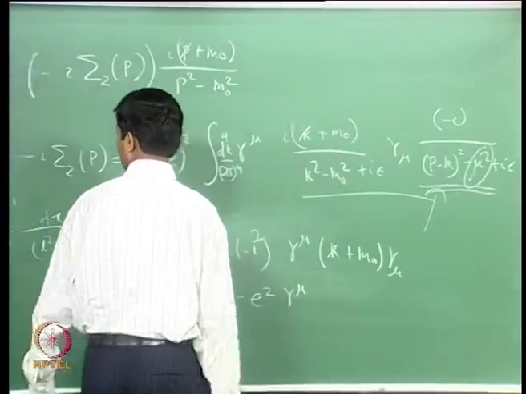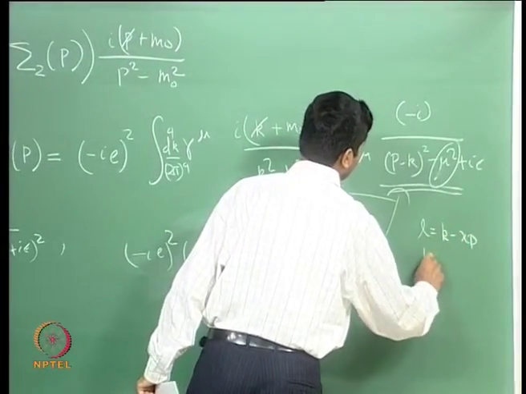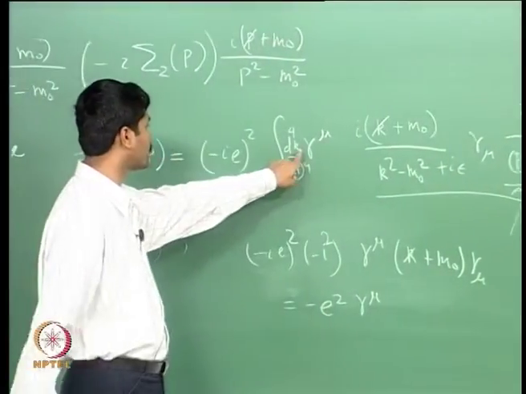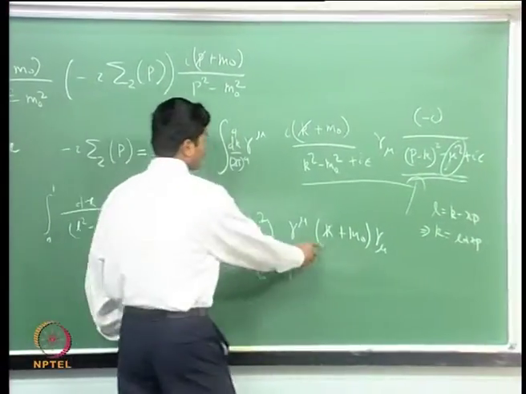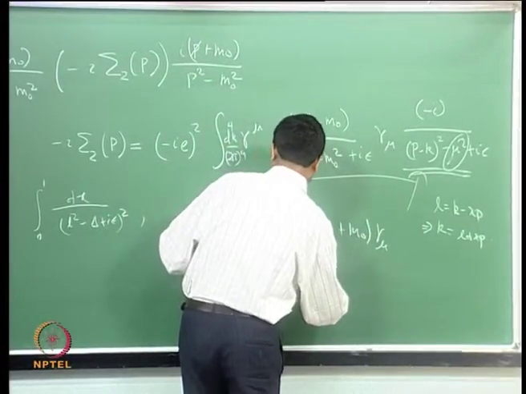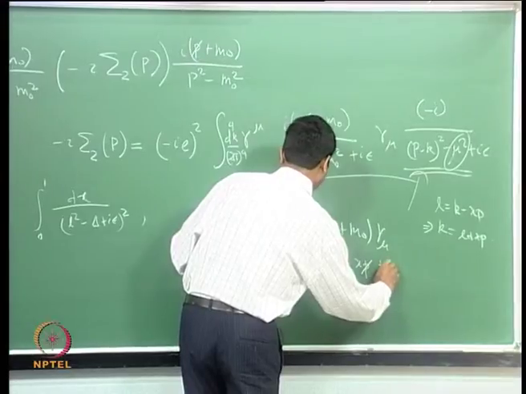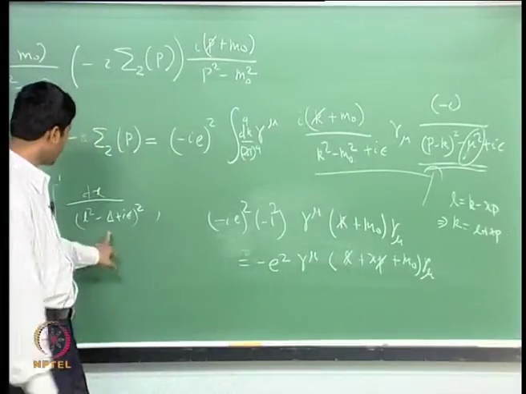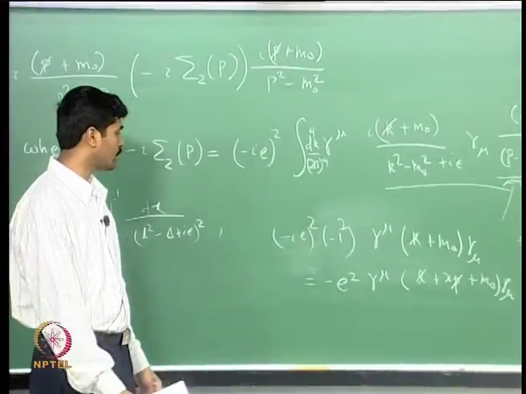We have used the definition L equal to k minus x p, therefore, k equal to L plus x p. Since we are using the variable L as the integration variable instead of k, I have to express this in terms of L, and so this is simply given by gamma mu, L slash plus x p slash plus m 0, gamma mu. But now, the denominator has only L square, and L takes all values from minus infinity to plus infinity.